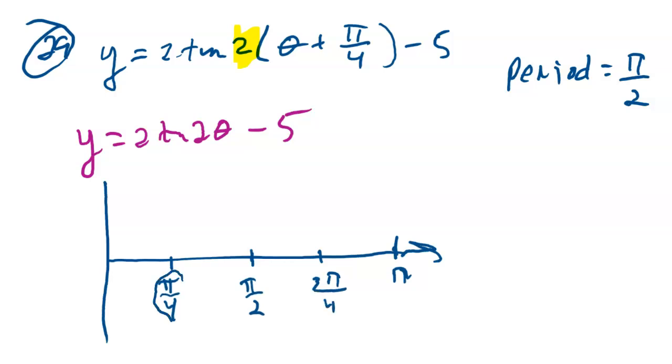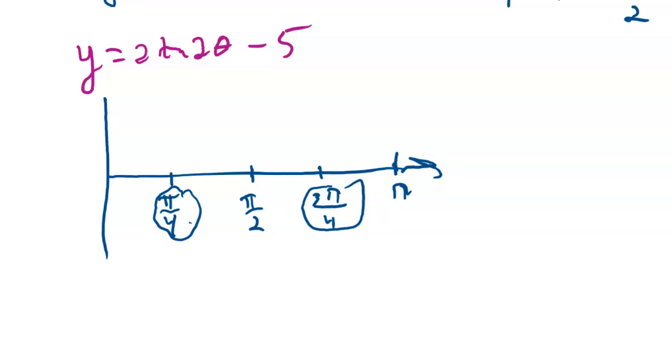I believe these are where vertical asymptotes are, but I'm going to double check. If I plug pi over 4 into 2 theta, you get pi over 2. Tangent of pi over 2 doesn't exist because it's y over x, and the x value of pi over 2 is 0. So I do have a vertical asymptote here.